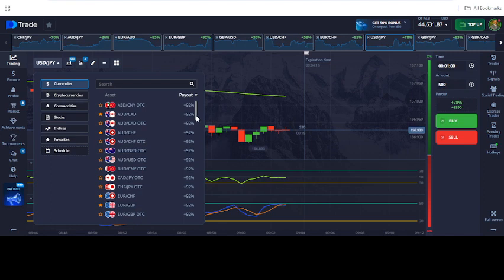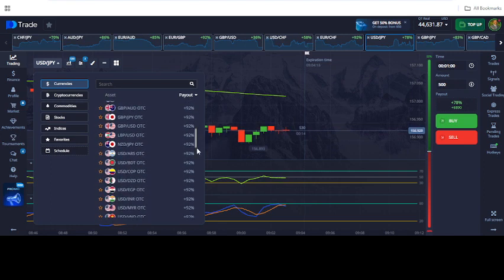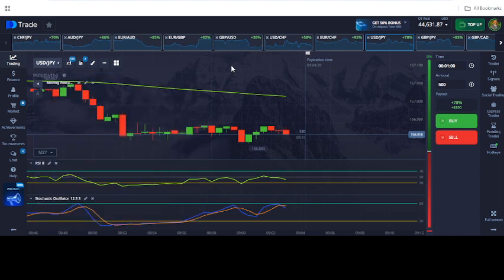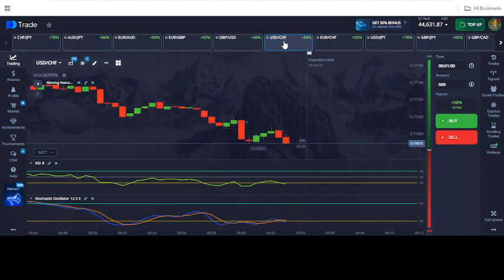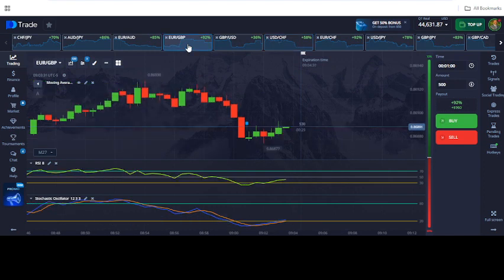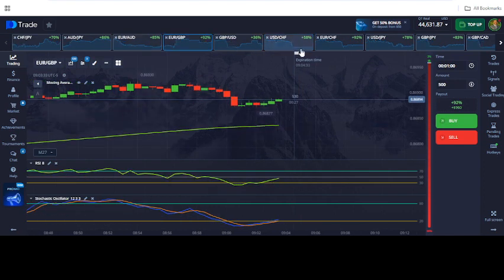If you go down the list, you just go ahead and check them off, and this way they'll appear at the top of the chart here. And I can scan them very quickly, like the USD Swiss franc, Great Euro, Great British Pound, and all these various currency pairs quickly here.